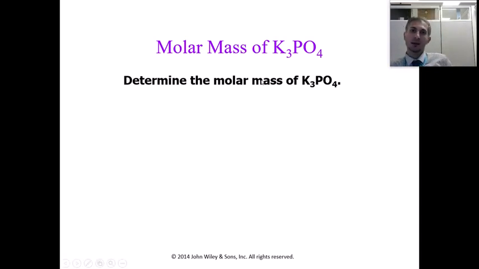For this example, the compound is polyatomic ions because we have more than 2 types of elements. We call it potassium phosphate. So if you have questions like this on your homework assignment, determine the molar mass of potassium phosphate, it would be the same. I'm going to calculate this one.